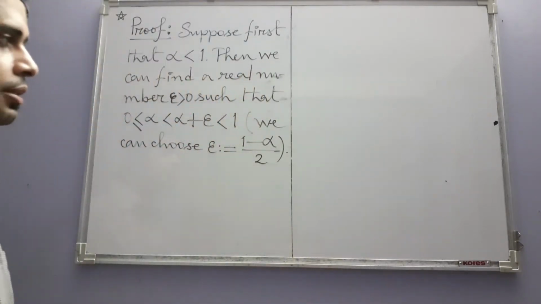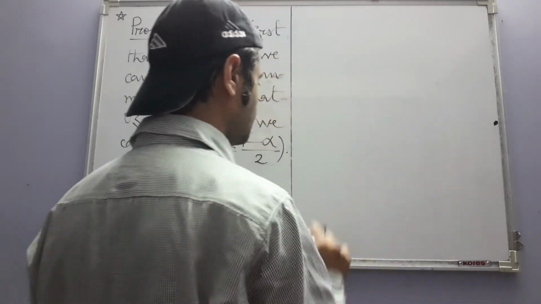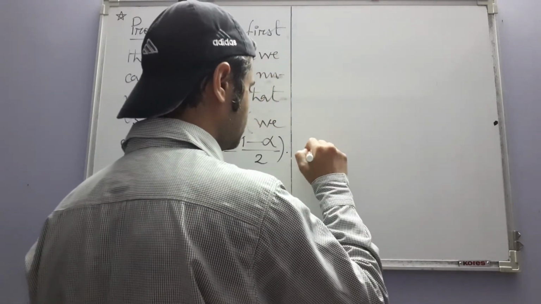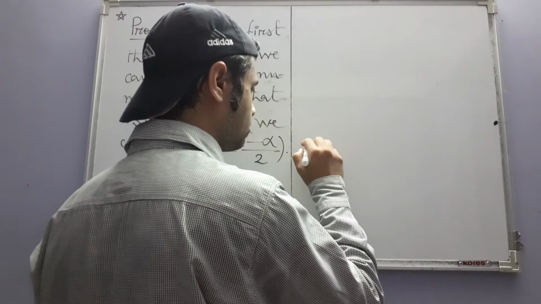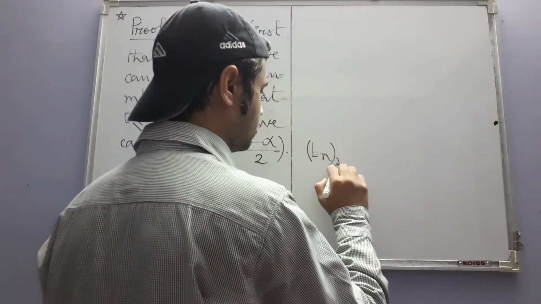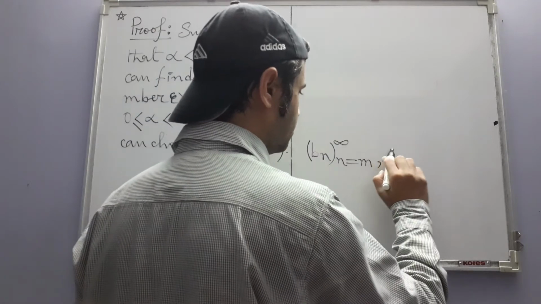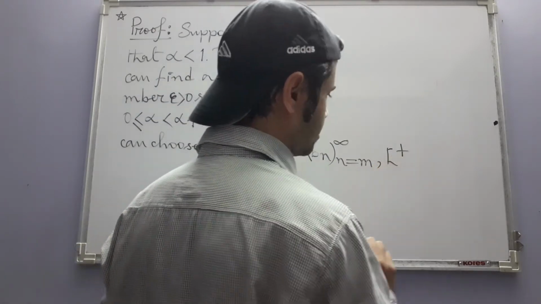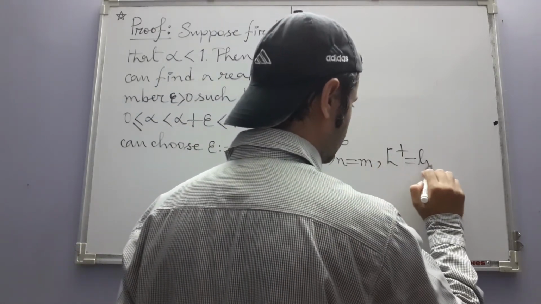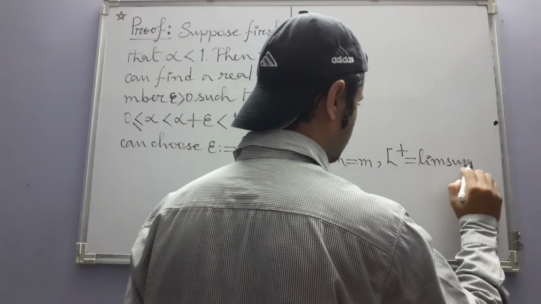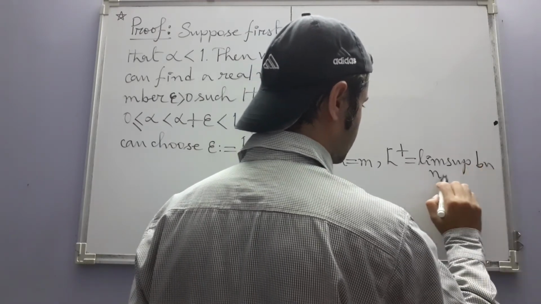and that property is this. Say you have a sequence Bn and say L plus is the limit superior of Bn.